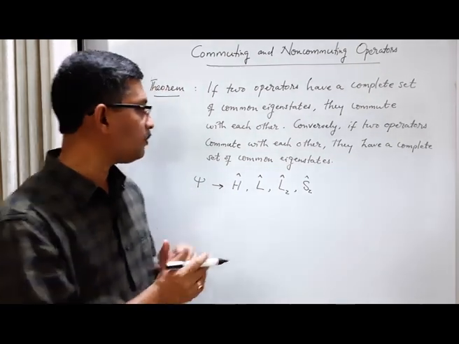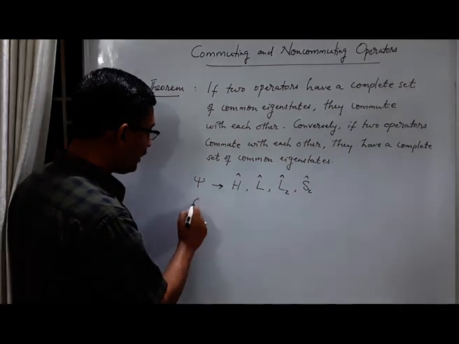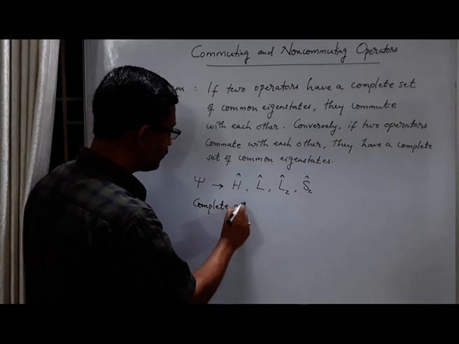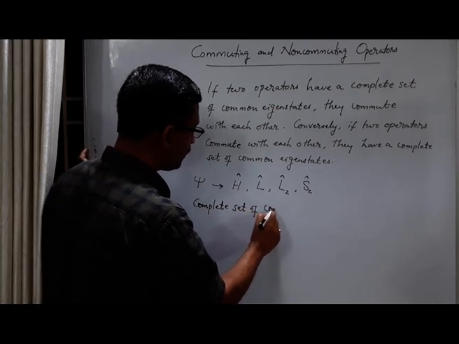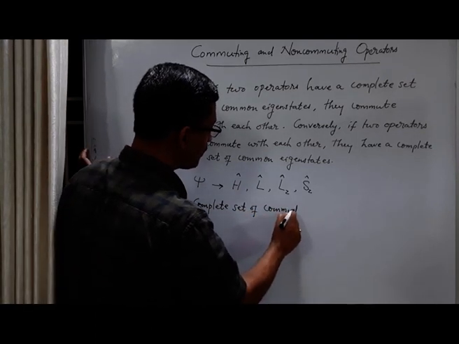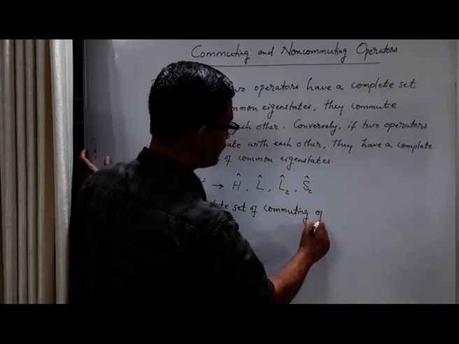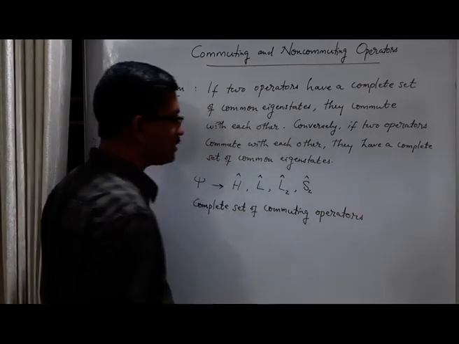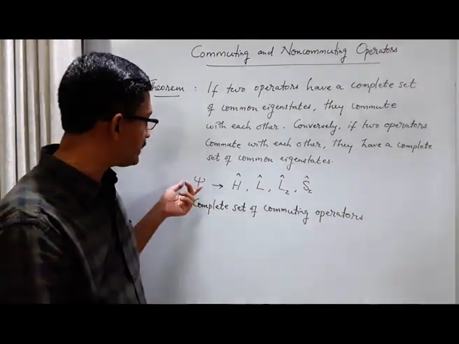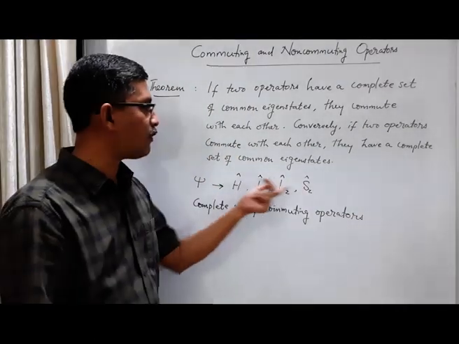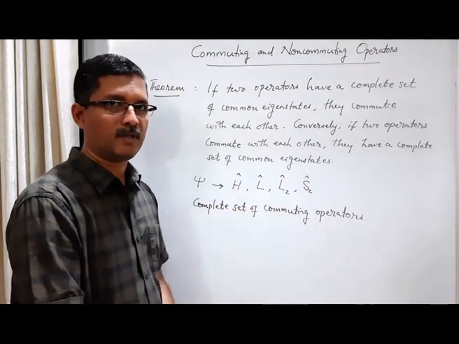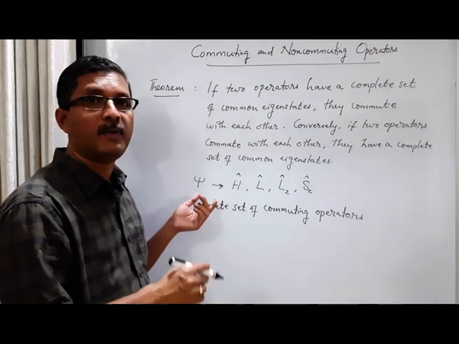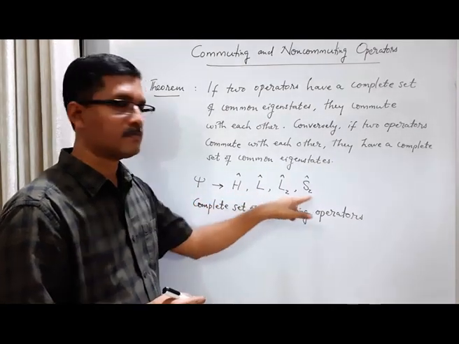Now this upper limit is called a complete set of commuting operators for any state. So for the stationary states of hydrogen atom, these four form a complete set of commuting operators. And such states are labeled after their eigenvalues.